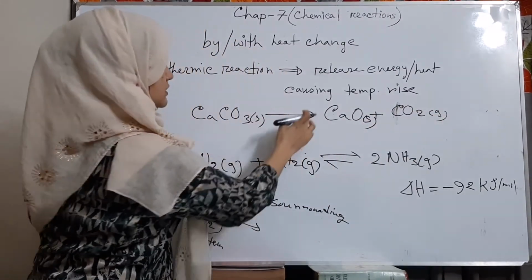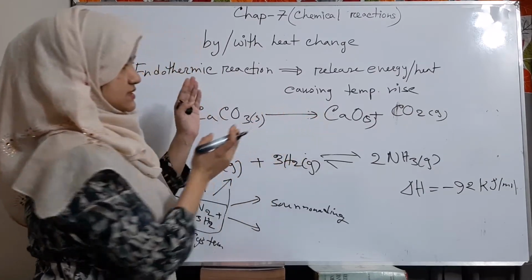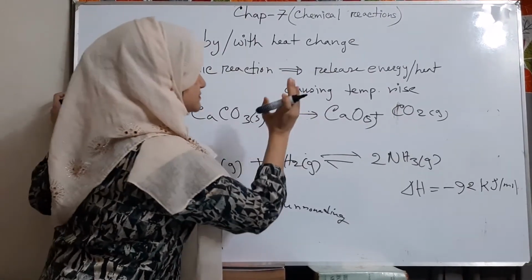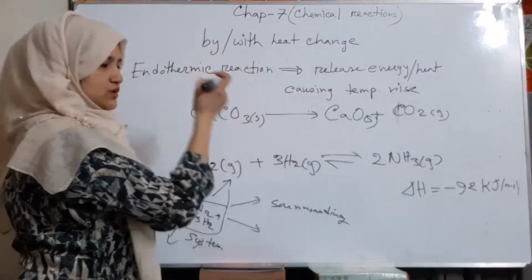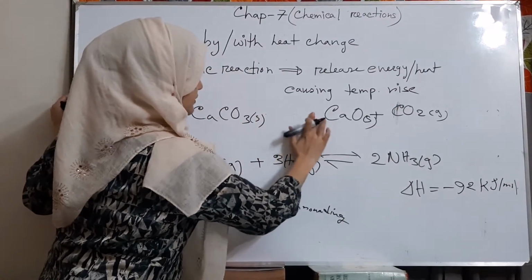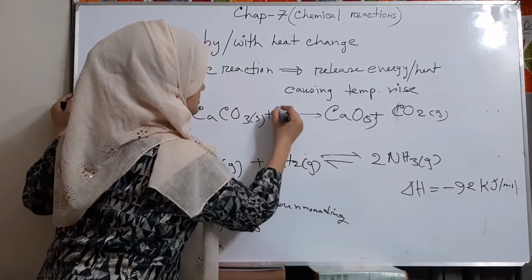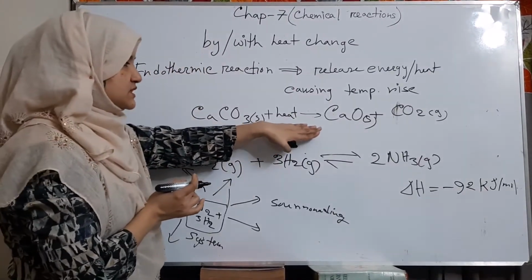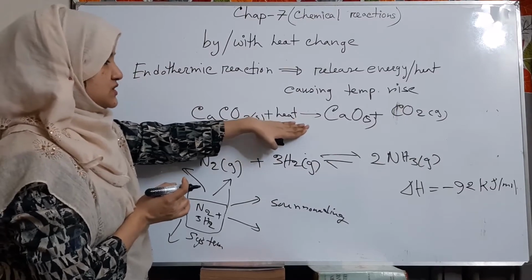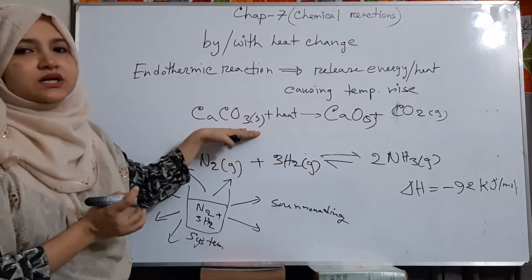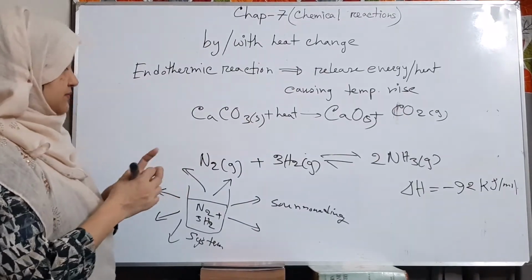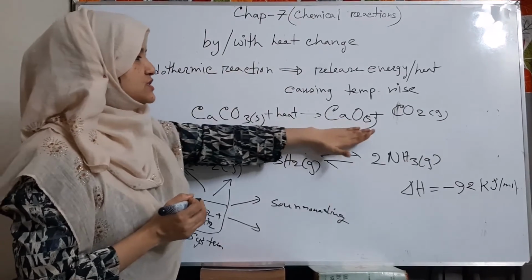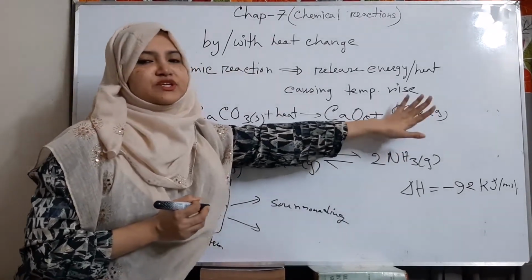This reaction is endothermic, and since heat is absorbed, we have to write plus heat. That means we mention the amount of heat energy with the reactants, and these reactants absorb heat from the surroundings and produce calcium oxide and carbon dioxide, the products.